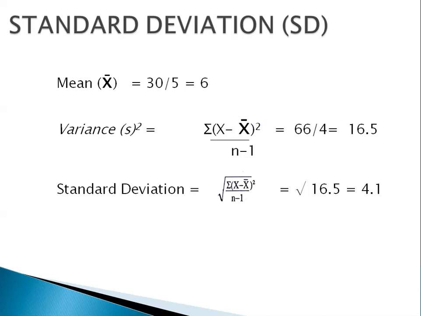So the total will be 66 divided by 4, which is 16.5. And for standard deviation, we need to take the square root of the summation of (x minus x bar) square divided by n minus 1, and that equation can be converted into the formula: square root of 16.5, and the answer will be 4.1.